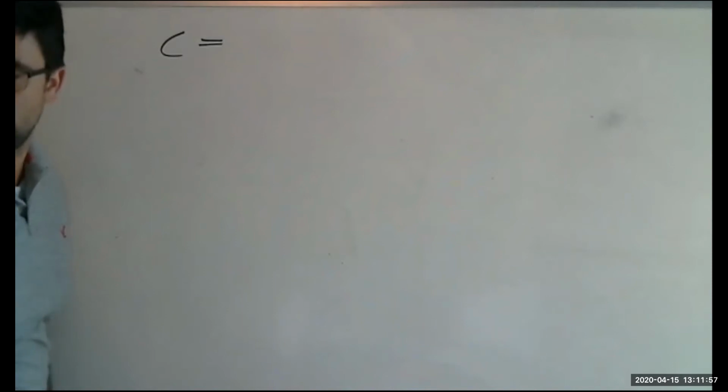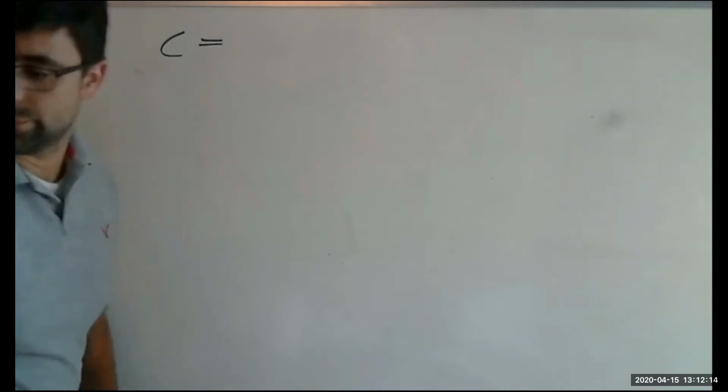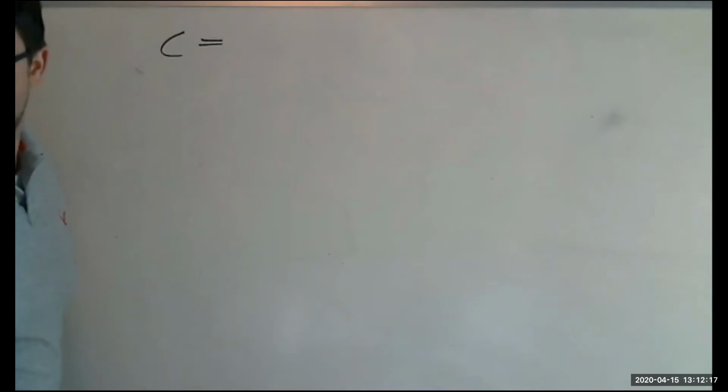We found that the speed of a wave was determined by two characteristics of a wave. What were they? What are two properties of a wave? Any two, come on.